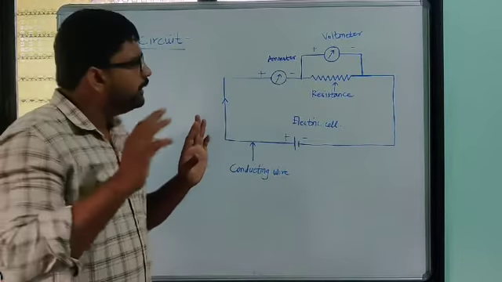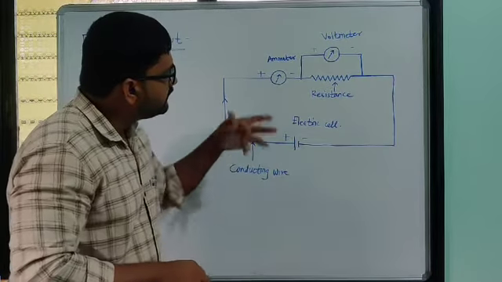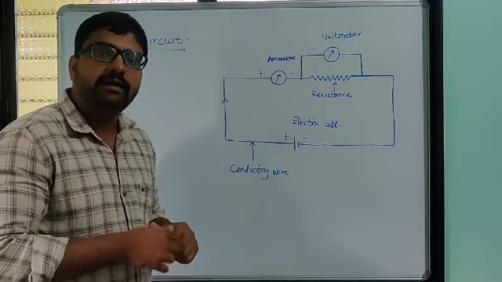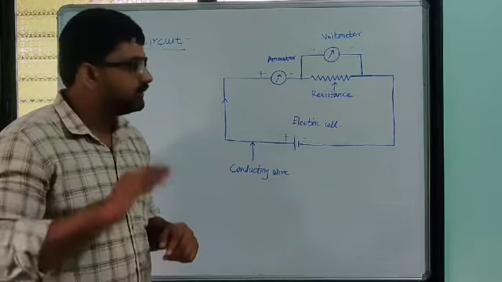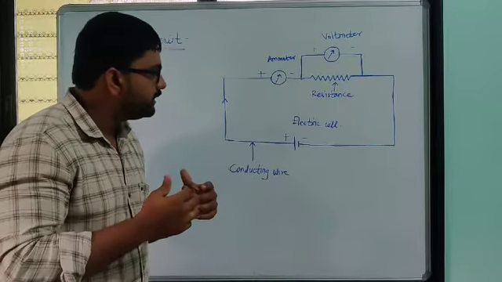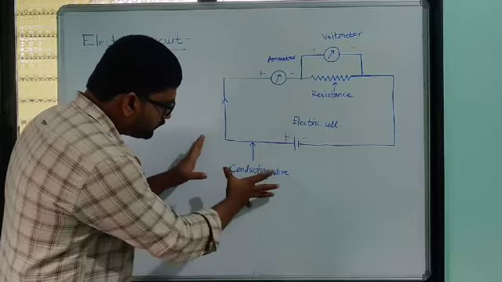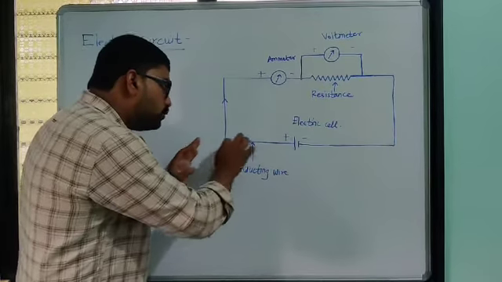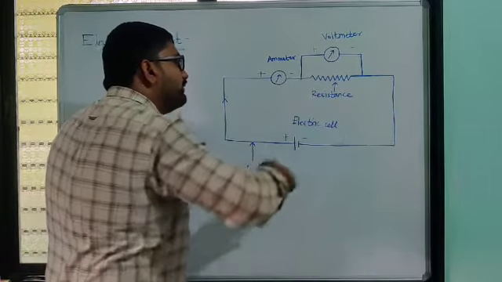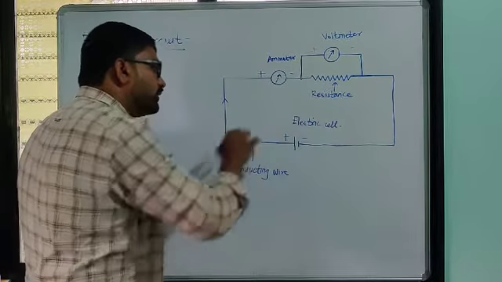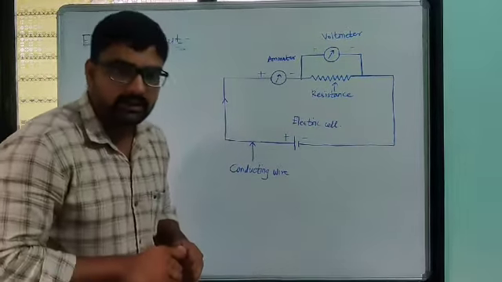So how can we define this electric circuit? First of all, we use some connecting wire, and by using that connecting wire we join all these electrical components with one another.